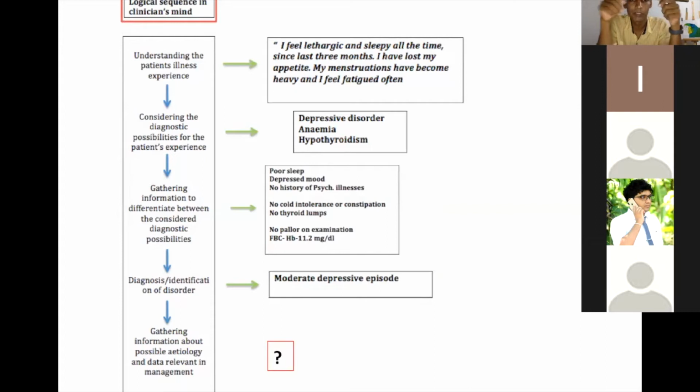Now the next step is, in assessment, our first priority is to come to a diagnosis if possible. But that's not the only objective. After coming to a diagnosis, or after narrowing down the diagnostic possibilities, we need other information related to management of the diagnosis and possible etiologies, right?